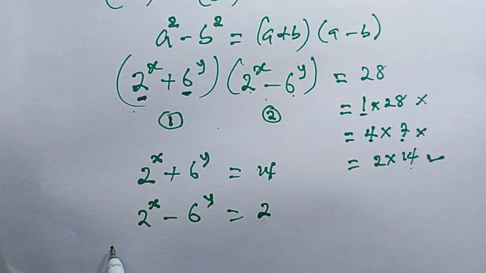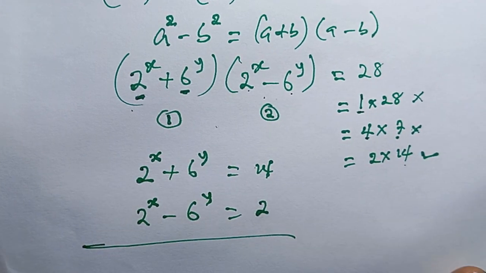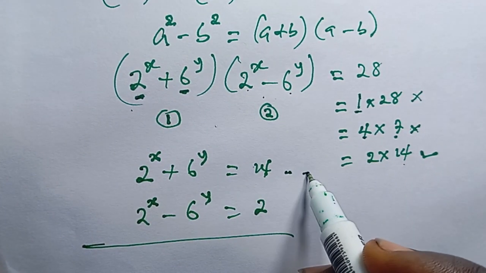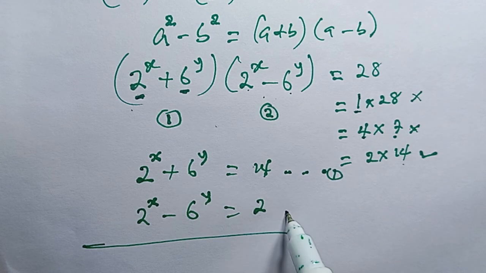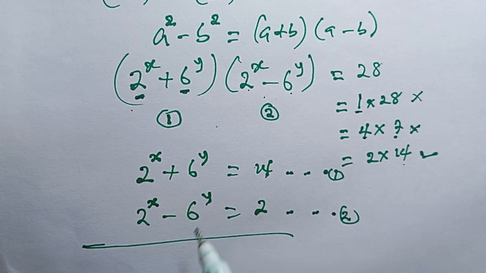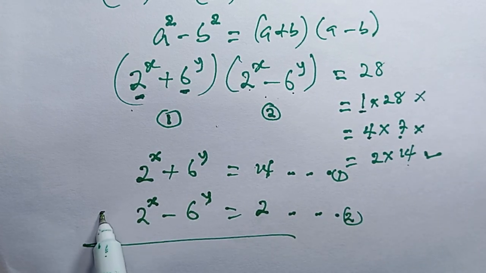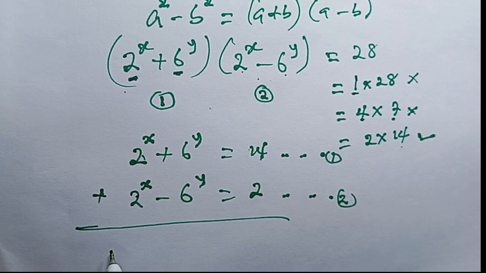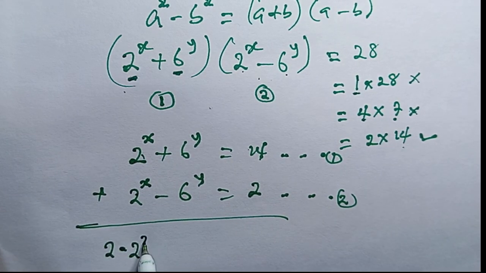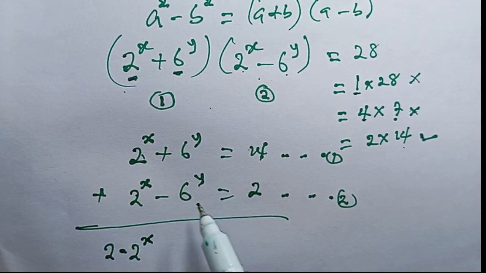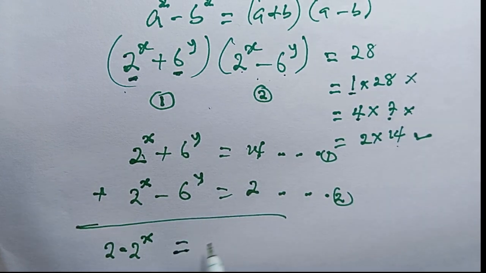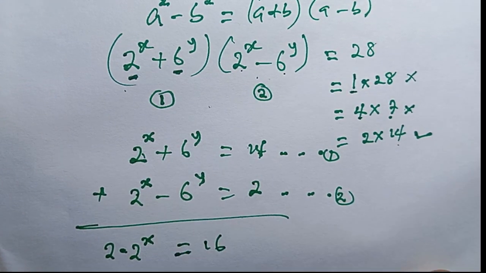Okay, and at this point we can solve both of them simultaneously. So if we call this equation 1 and this equation 2, we can add equation 1 to equation 2. So if we do that, this plus this will give us 2 into 2 power x, and then this plus this will be equal to 0. This will be equal to 14 plus 2, which is 16.